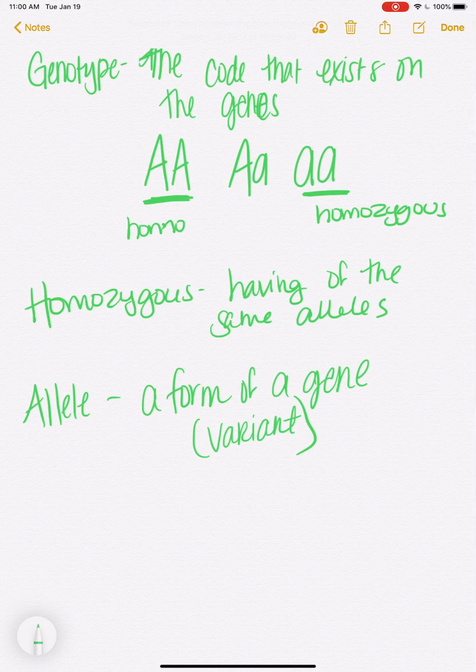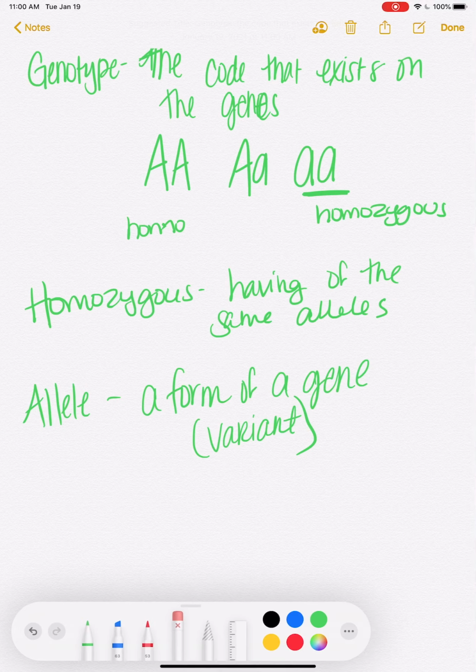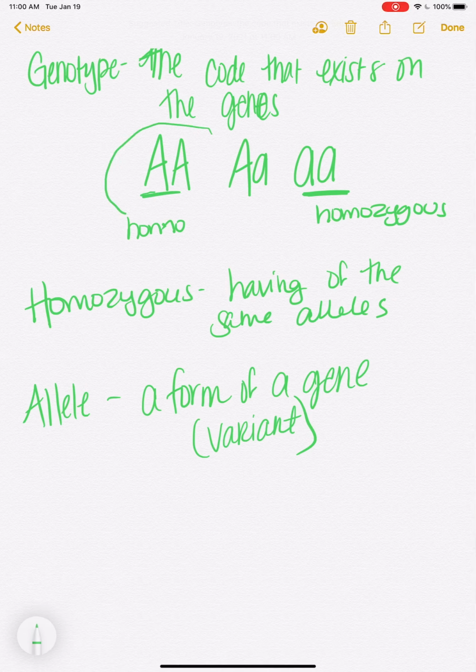Can anybody in this class roll their tongue? I can roll my tongue. Tongue rolling is a dominant trait, so people that can roll their tongue have a dominant allele.